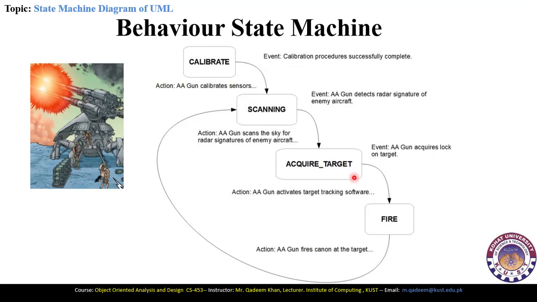Fire is one action, acquire target is another action, similarly scanning is another action, and calibrate is also an action. So all these states are representing certain actions. That is called the behavior state machine diagram, because each functionality is represented here in the form of an action.